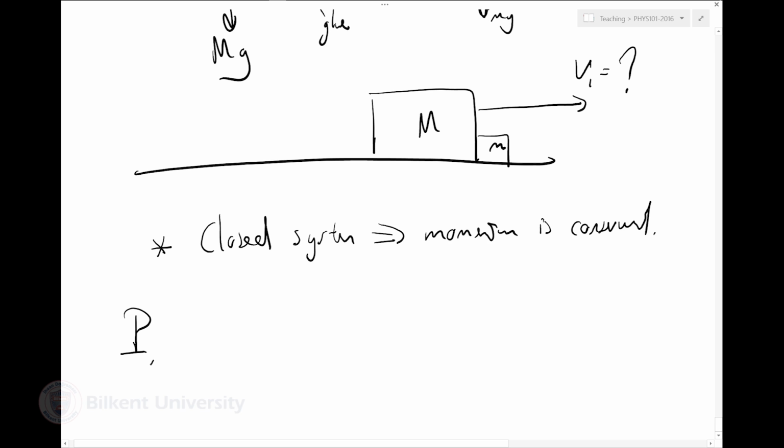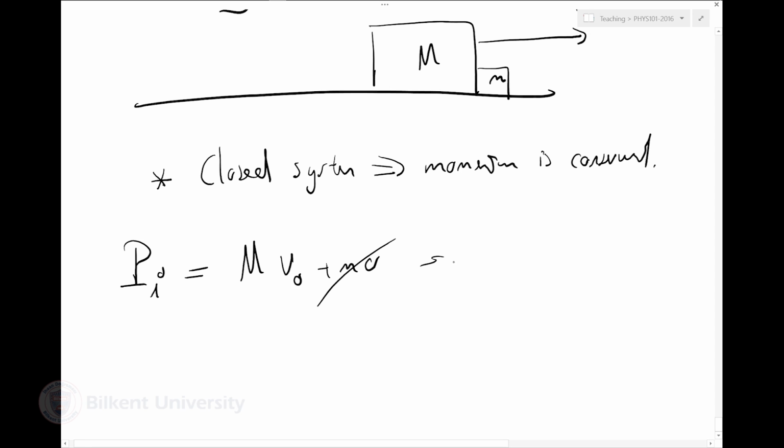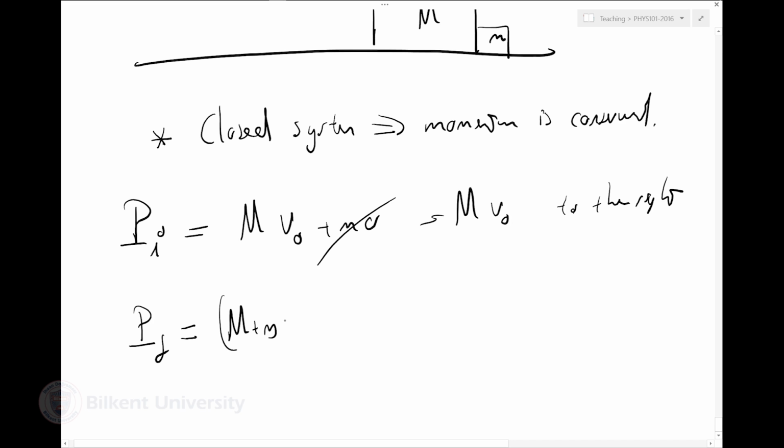What's my initial momentum? Initial momentum is M times v0 plus small m times 0. So it's Mv0 to the right. How about my final momentum? Well, final momentum, big mass and small mass are moving together with velocity v1.